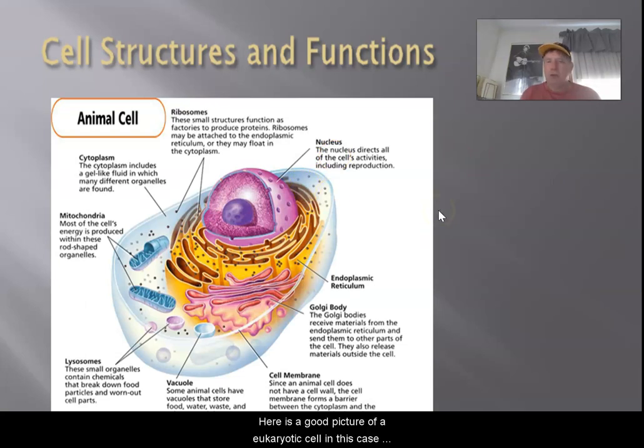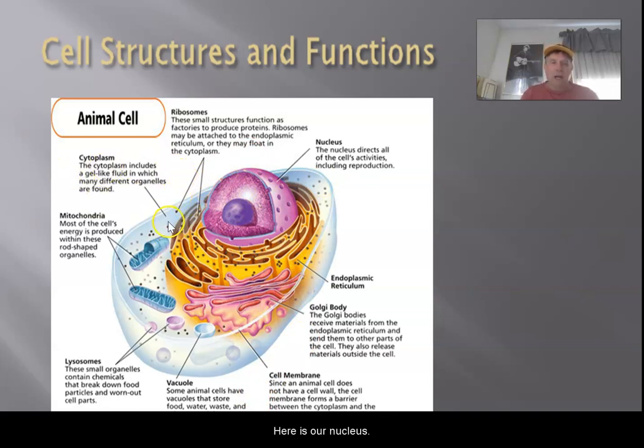So here's a good picture of a eukaryotic cell, in this case, an animal cell. So we have, again, the nucleus and the cytoplasm, which that last slide talked about. Since this chapter is about the structures and the functions, we're going to look at a general picture of the cell, and we'll go into more detail on later slides. So here's our cytoplasm.